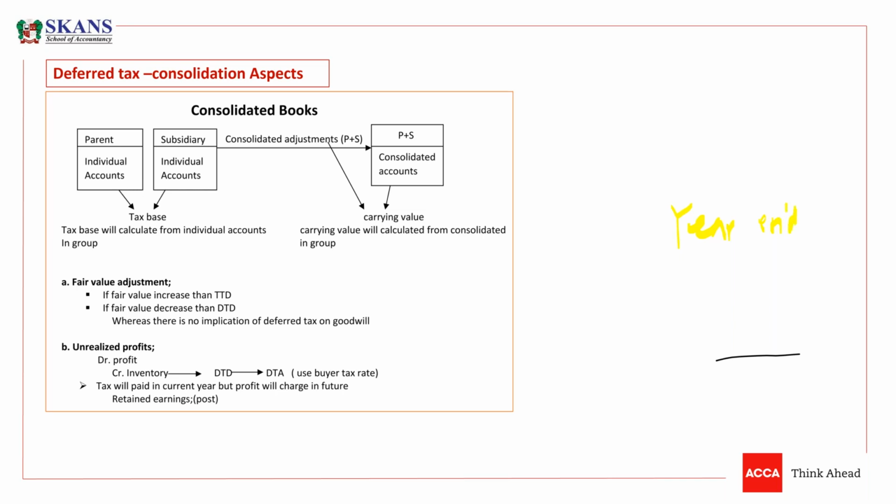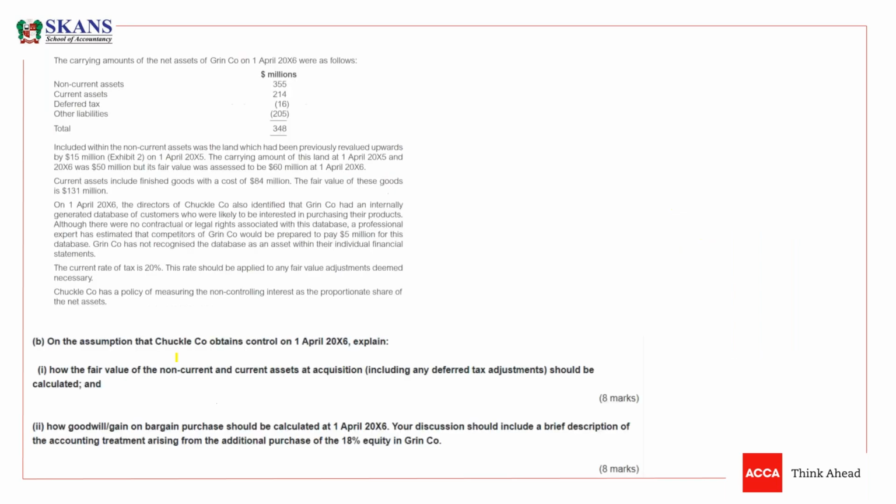Okay. So now we are moving towards the last part of this question. And what is this last part of the question? Listen carefully. For this part of the question, we need to understand two things. The first thing that we need to understand is step acquisition. So we will revise step acquisition, and then we need to revise the deferred taxation at the date of acquisition.